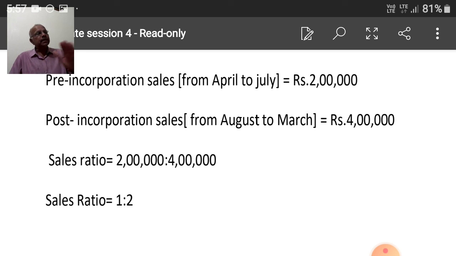That means some expenses on actual basis, and other expenditure allocated on the basis of pre-incorporation. These are all very essential ratios for preparation of the income statement. Before preparing the income statement, we calculate all the ratios: time ratio, sales ratio and other ratios. This is important.